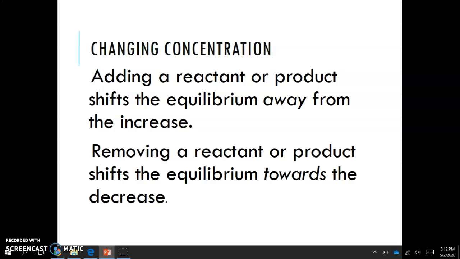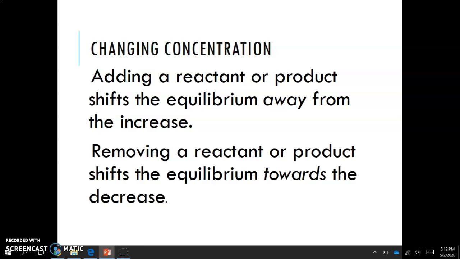Basically, remember, if we're talking about concentrations of your reactants and your products in an equilibrium equation, you want to be in equal concentrations, right? So if you suddenly have more reactants on the left-hand side of your equation, then you're going to want to shift your reaction to favor the products because you're going to want more products to be made until equilibrium is reached and those concentrations are equal again.